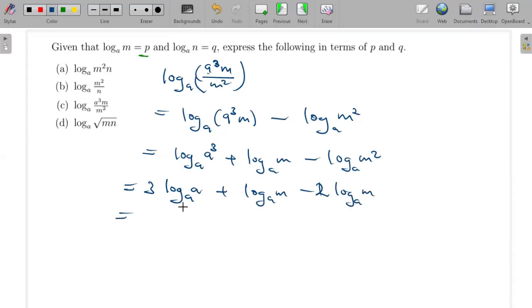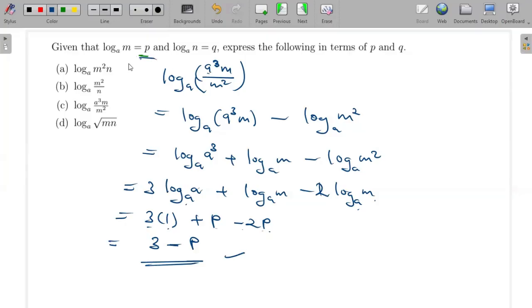So this here is just going to be, so here you see that you have log a of a, which is just 1. So there you remain with 3, and then you have your 1 there. Plus you have log a of m, which is just p. So that will be p, and then you have minus there 2 log a of m, which is also just p. And this here is going to give me 3 multiplied by 1, I get 3, and then you have p minus 2p. So that is going to give me negative p. Okay, and that's how I find my answer, like that.